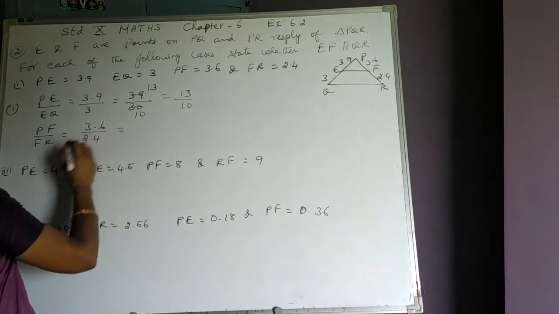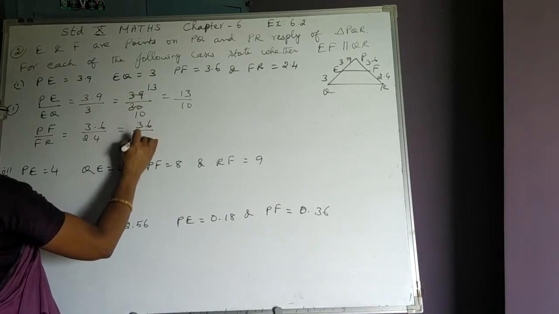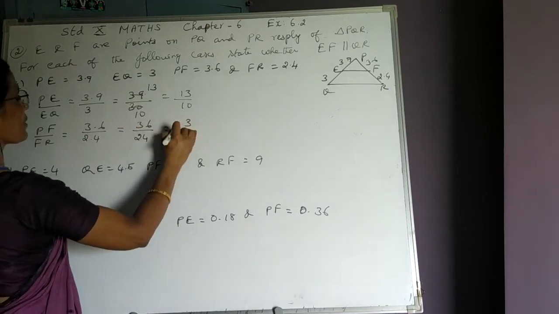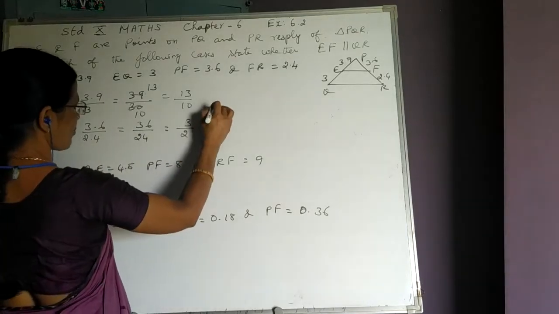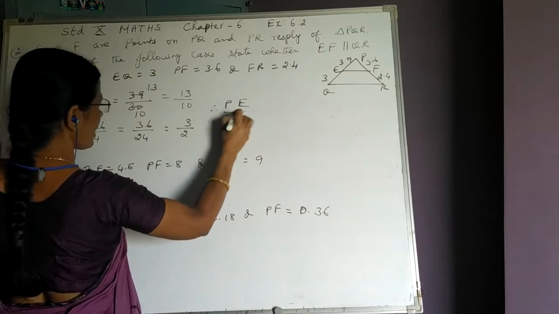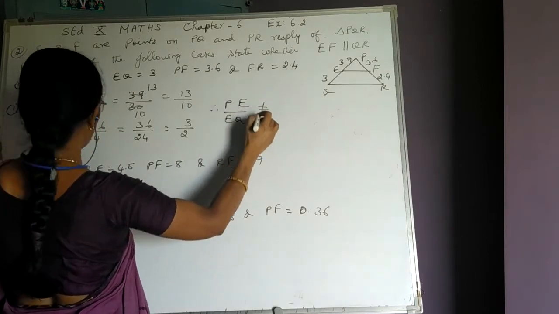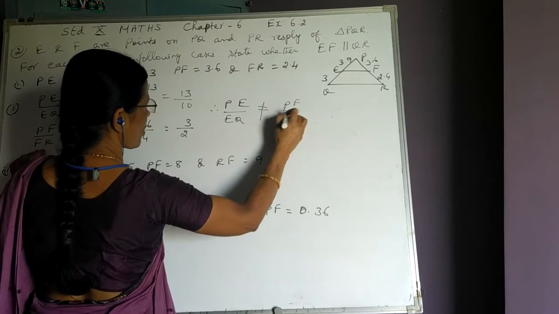So here we'll remove the decimal point: 36 upon 24, which is 3 upon 2. Check whether they are equal or not. One side we got 13 upon 10, whereas the other one we got 3 upon 2. Therefore, we conclude PE upon EQ is not equal to PF upon FR.